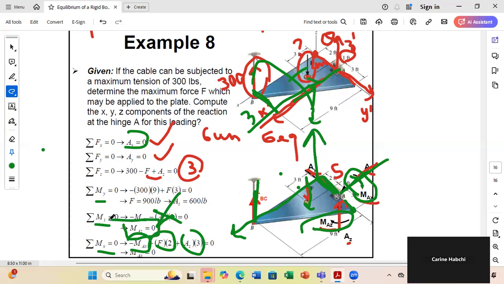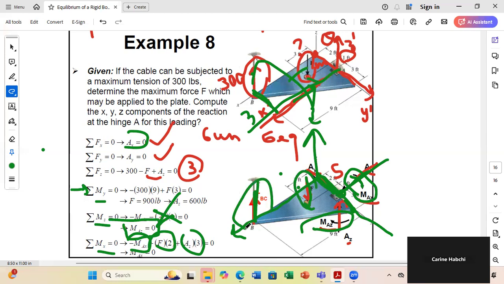Okay. And now I need a third equation. The third equation is sum of moment about Y. If you consider the Y-axis, this is the Y-axis, okay? AX and AZ are passing by it, no moment. So I just have the moment of F and the moment of TBC.